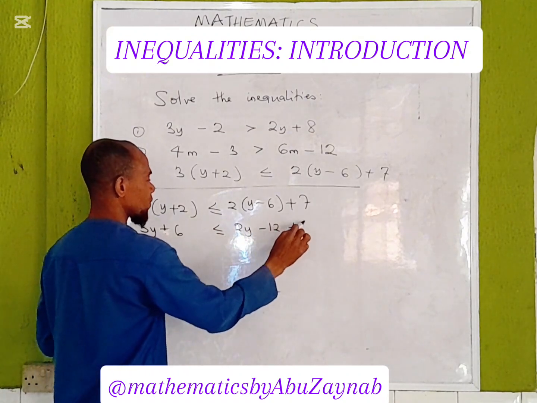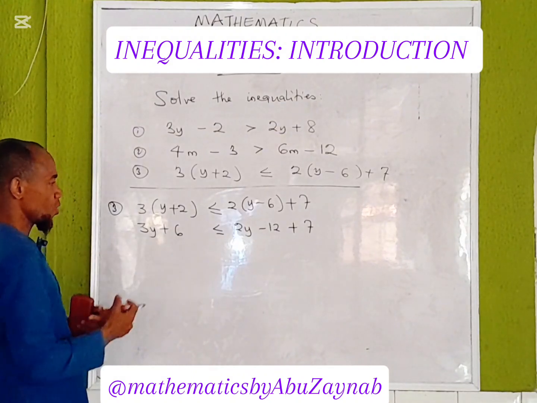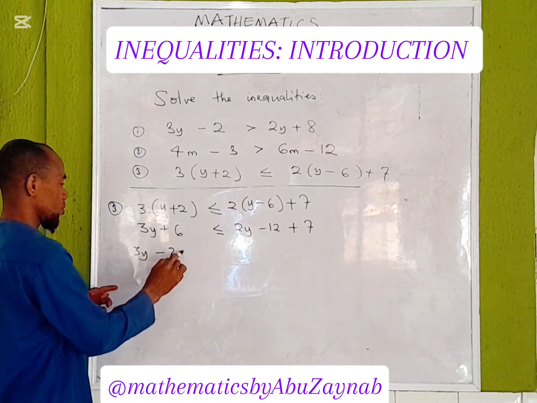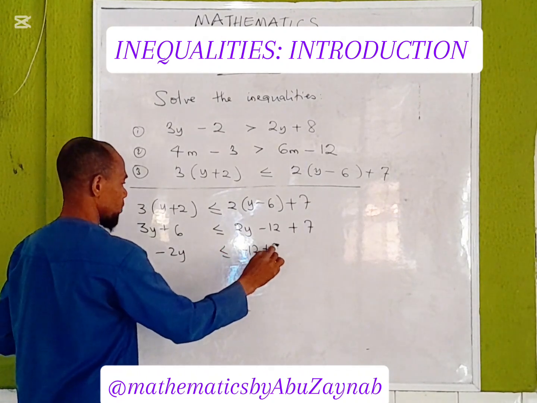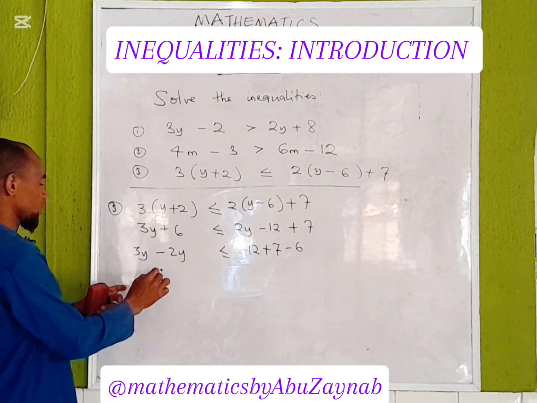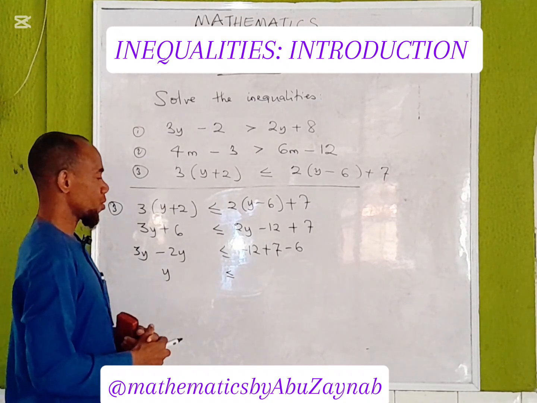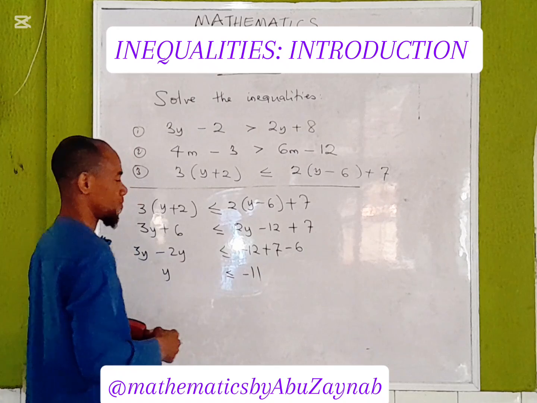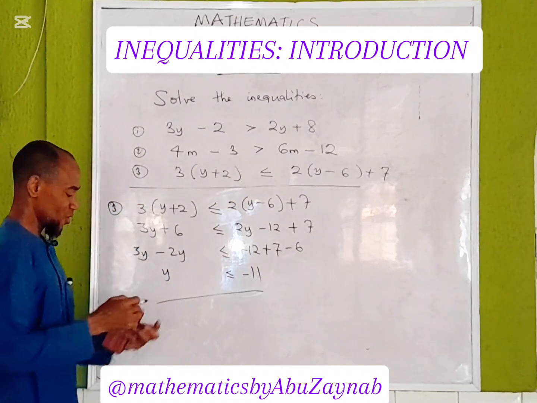Don't forget, the 7 is standalone, it's not affected by the 2. Again, now we have like terms to be collected. So I have 3y minus 2y, less than or equal to minus 12 plus 7, then minus 6. So 3y minus 2y is a single y, 1y, less than or equal to minus 12 plus 7 minus 6. That's going to be minus 11. And that's basically the solution to this as well.